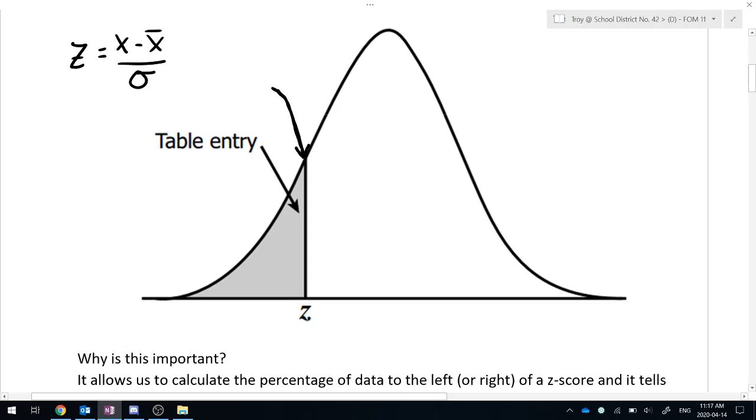And then taking that z-score, we would go into our table and find this area here, and then we would know the area underneath the curve at that point.